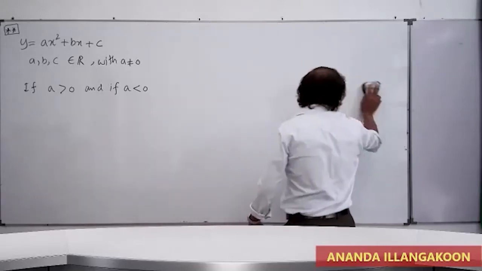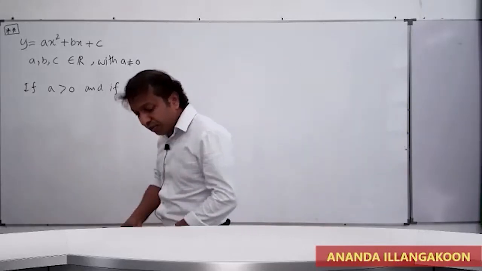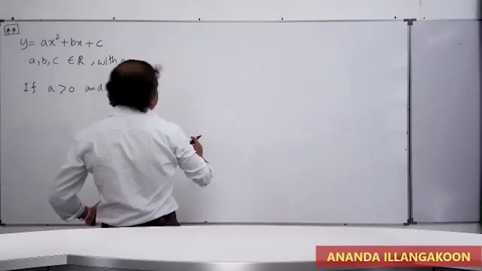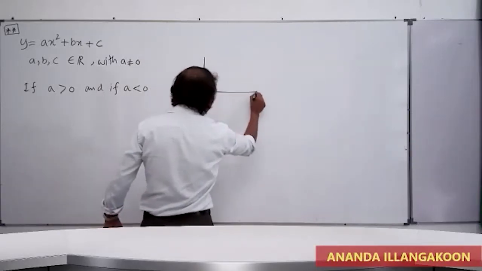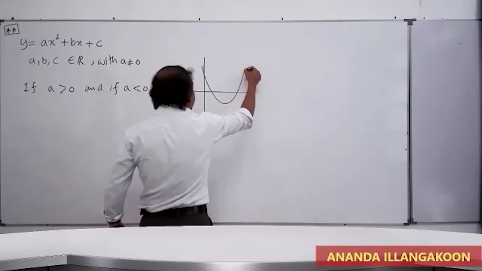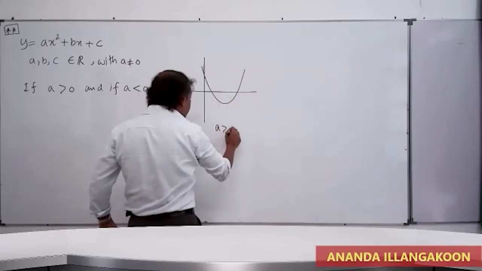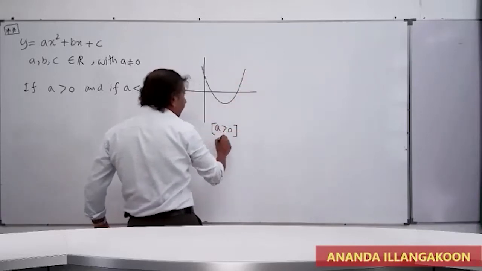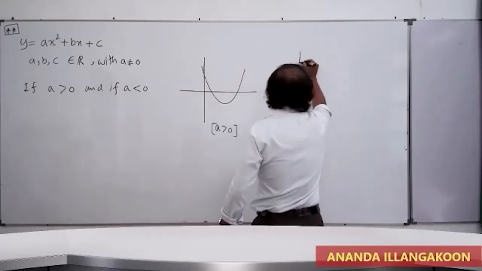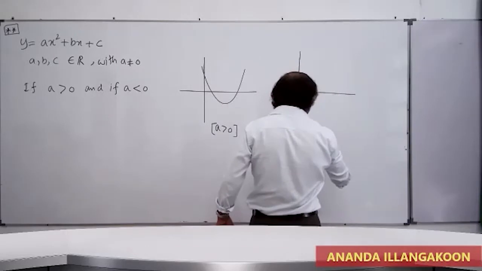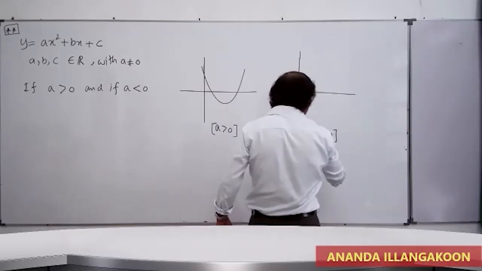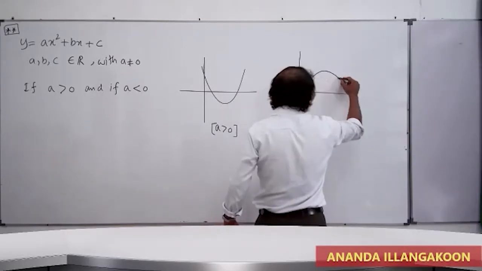People, we will draw two very small diagrams like this. Here we have the positive case, minimum. Here we have the negative case, a maximum, like this.